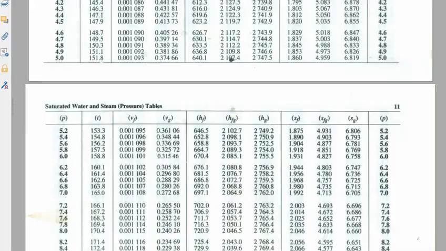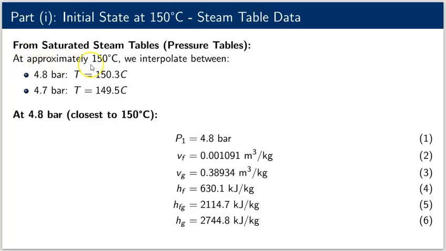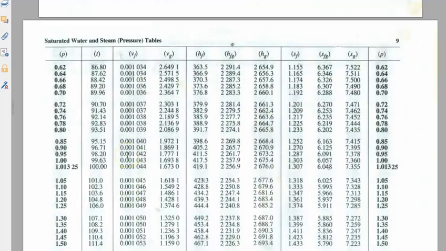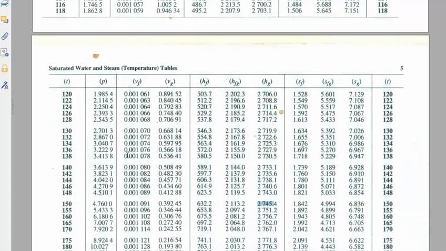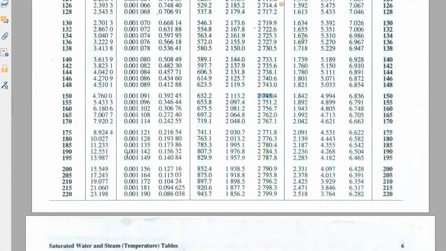So at approximately 150 degrees centigrade we interpolate between 4.8 bar at T equal to 150.3 degrees centigrade, and 4.7 bar at T equal to 149.5 degrees centigrade. Or if you directly take 150 degrees centigrade, what will be the saturated pressure? That we easily get from here. So at 150 degrees, that is 4.760.